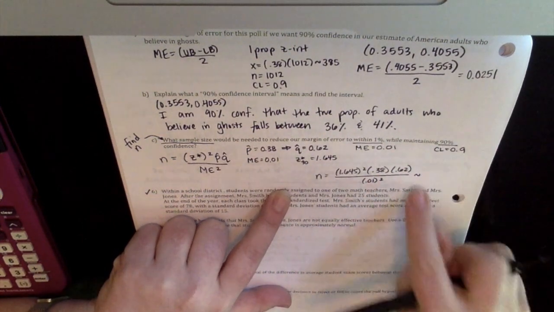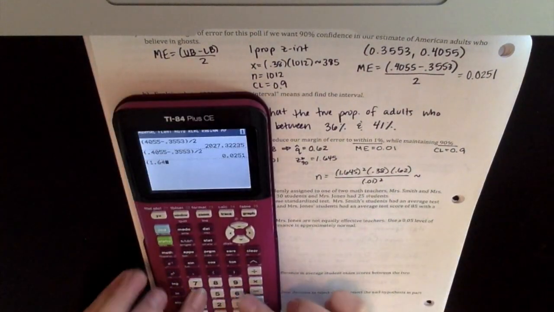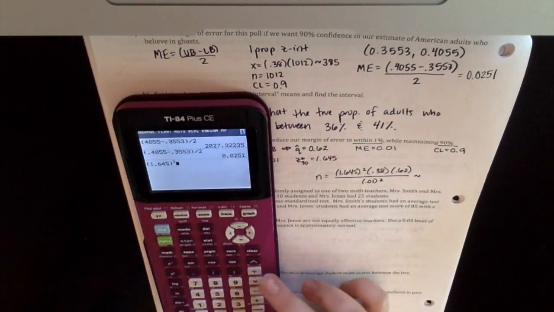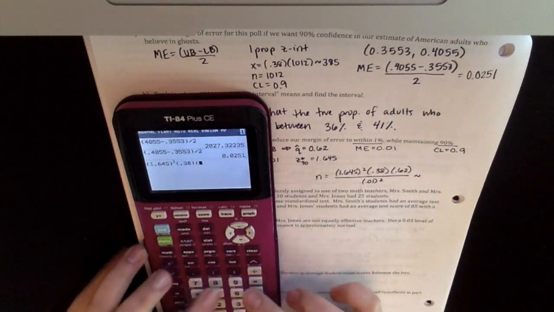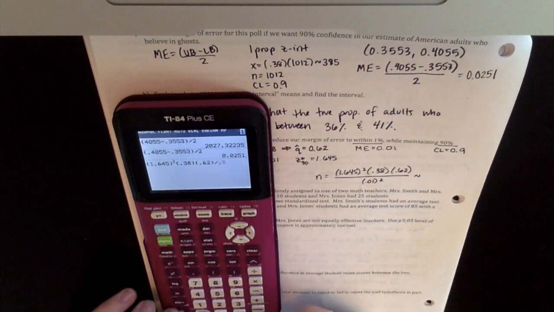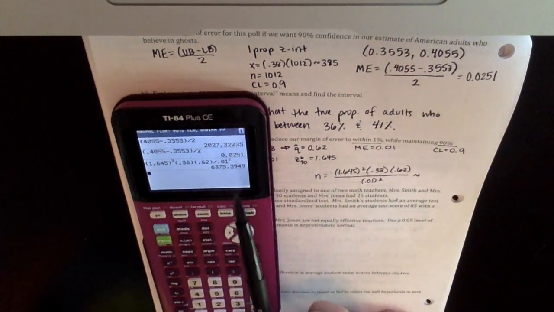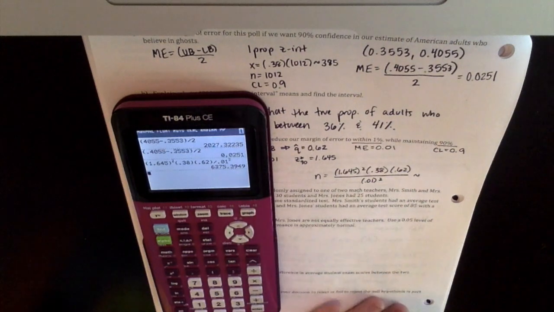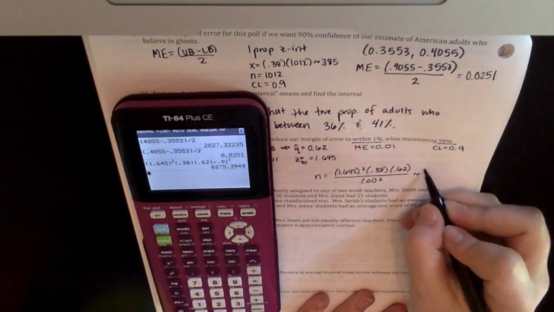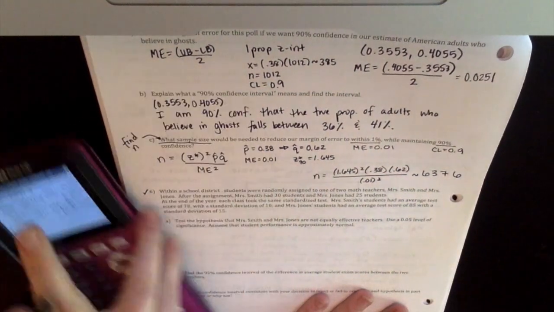And we're going to round that up always. So 1.645 squared times 0.38 times 0.62 divided by 0.01 squared. And we always round this up. So this decimal would end up being like a 0.4, but I don't care what it is. I'm always going to round that to 6,376.